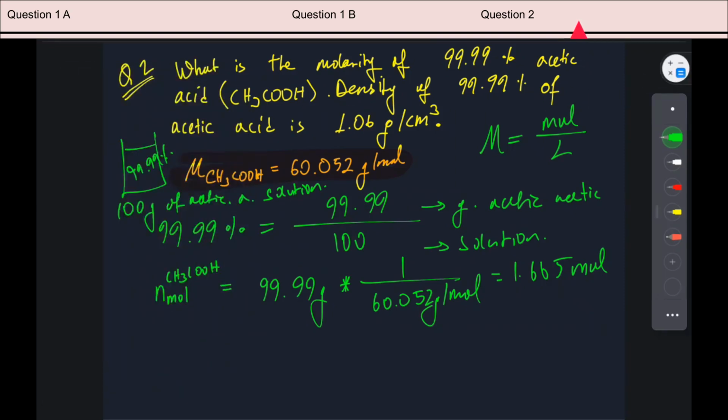Secondly, I have to calculate the volume of our solution, and it is 100 gram. The density is given in the question, which is 1.06 gram per centimeter cube or milliliter. You can use milliliter, same thing.